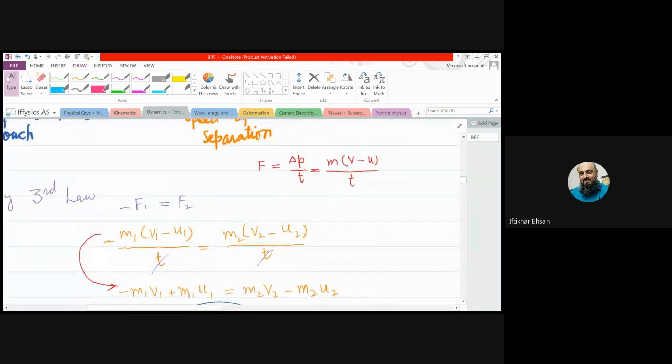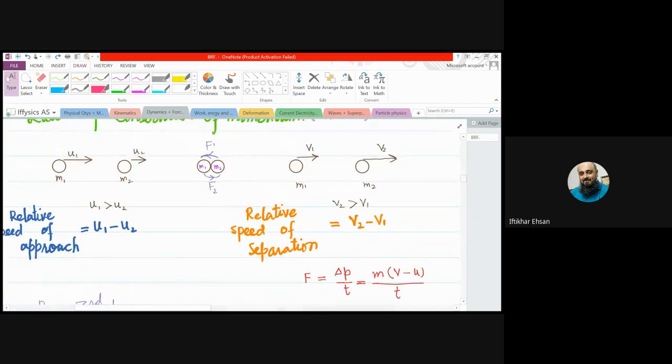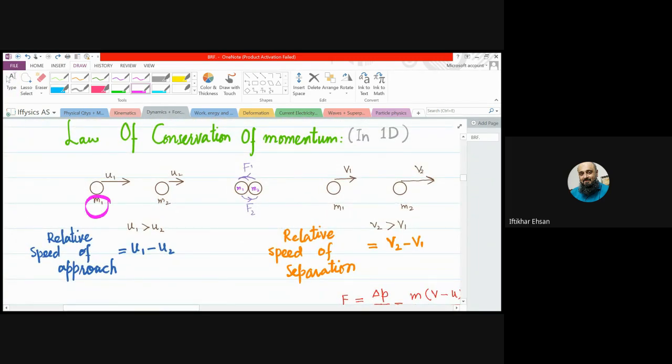Okay, now, what is the formula for force? Force is the rate of change of momentum, meaning change in momentum divided by time. And the formula for change in momentum is m into v minus u. So beta, for F1, the force on M1, we are using this formula and substituting here the values: mass M1, initial speed U1, final speed V1.